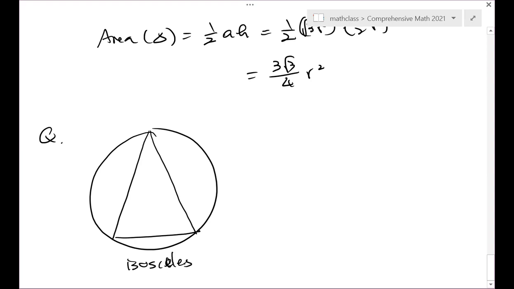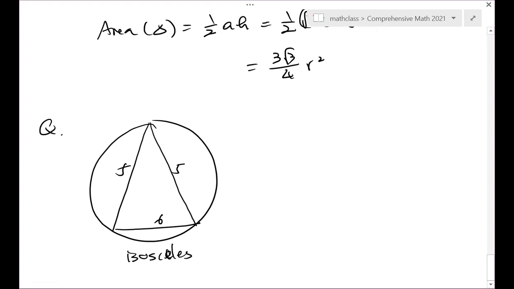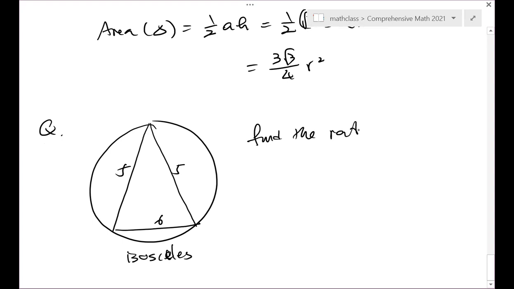This isosceles triangle has equal sides 5 and 5, and the base is 6. Find the radius.